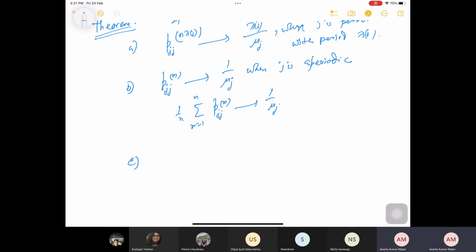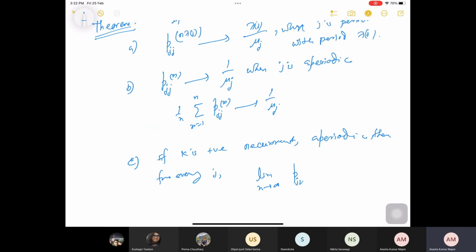And another is that if k is positive recurrent and aperiodic, then for every j, the limit as n goes to infinity of Pjk of n is f of jk by mu k.